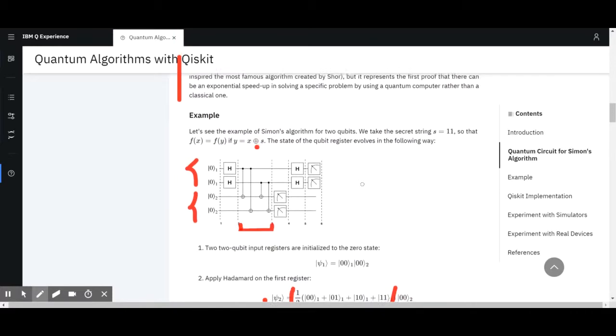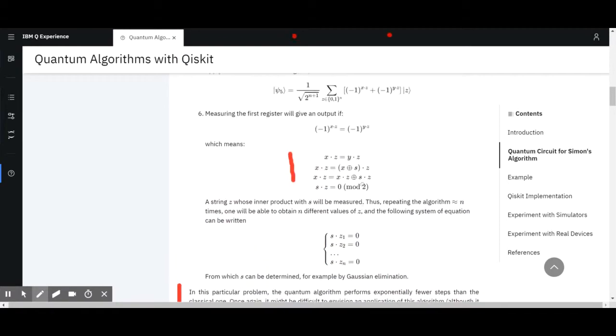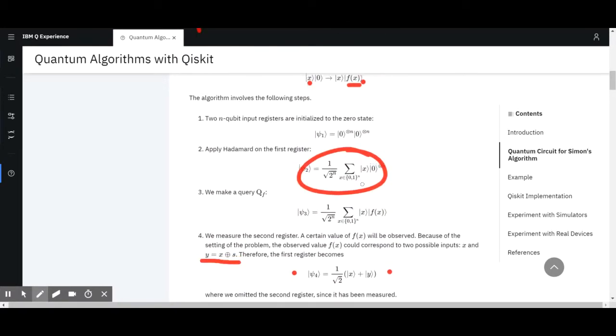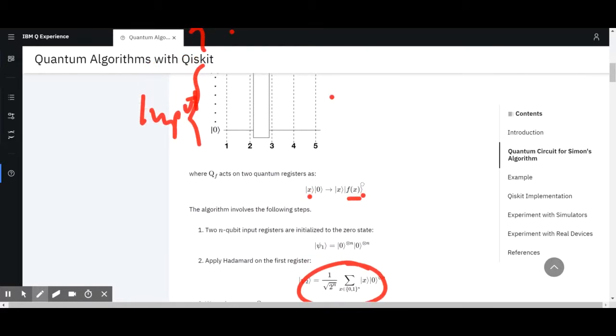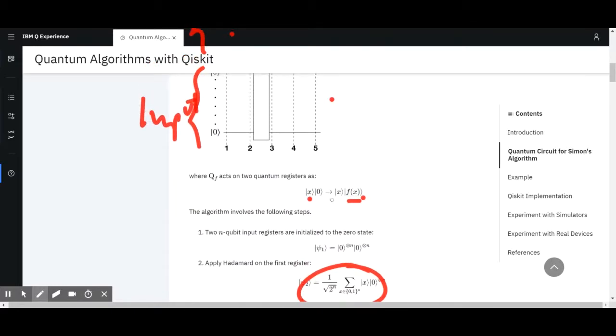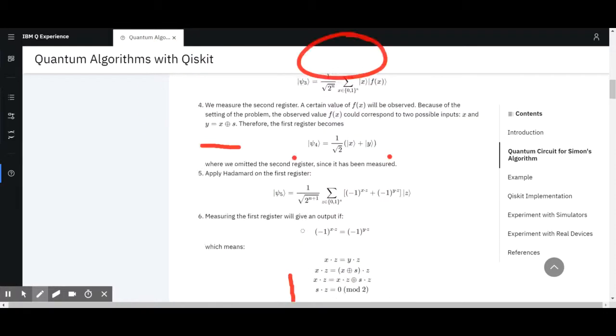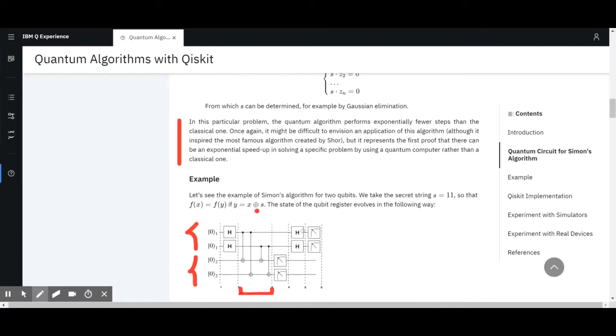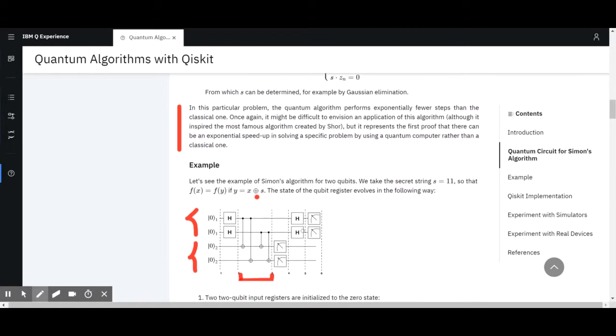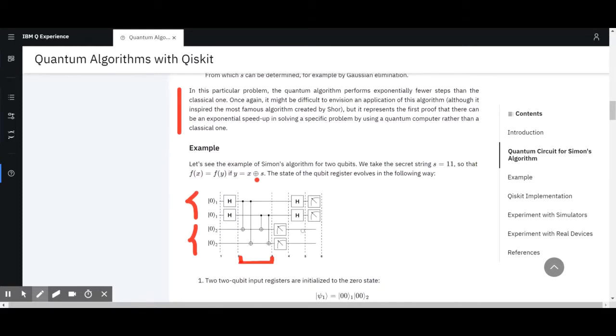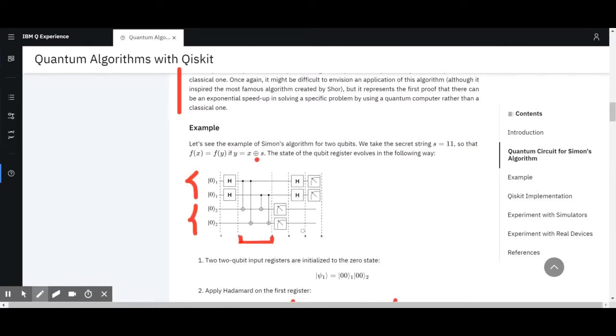Because basically what the QF does, what the problem says, is it takes that, it applies the value. So is it adding?